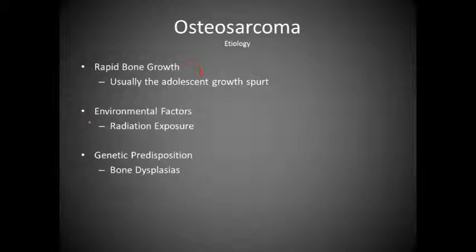Also, genetic predisposition, such things as bone dysplasias, which could potentially be caused by genetic predisposition, could also cause osteosarcoma. However, I often wondered with this if radiation exposure could cause genetic abnormalities, which then could cause osteosarcoma. So there's still a lot of research that has to be done into what actually is causing osteosarcomas.